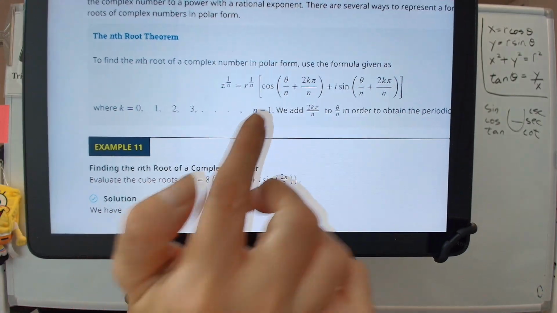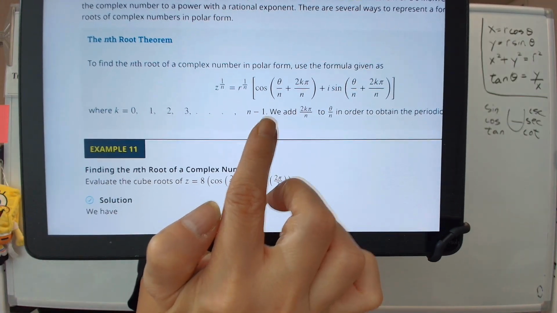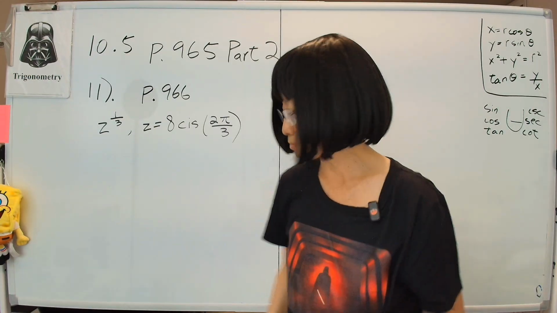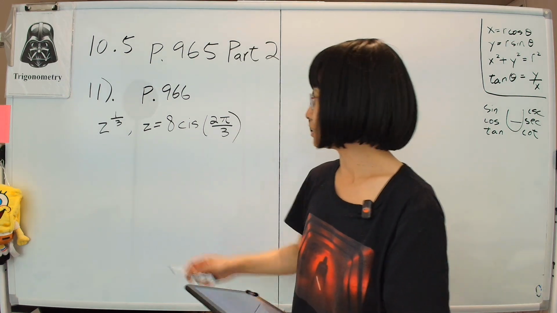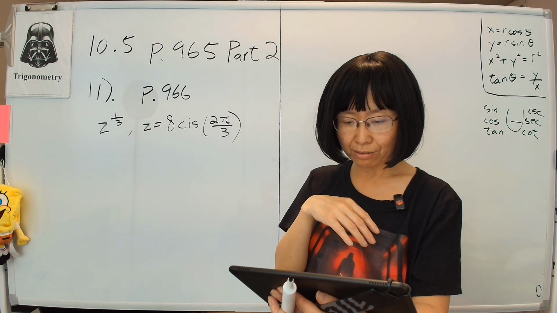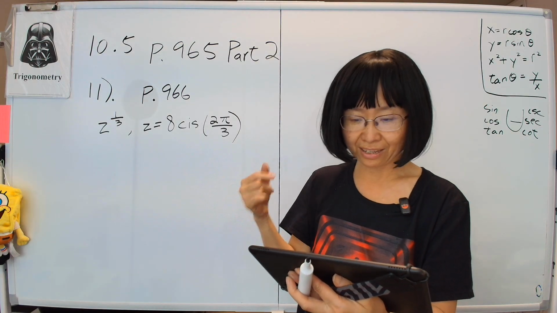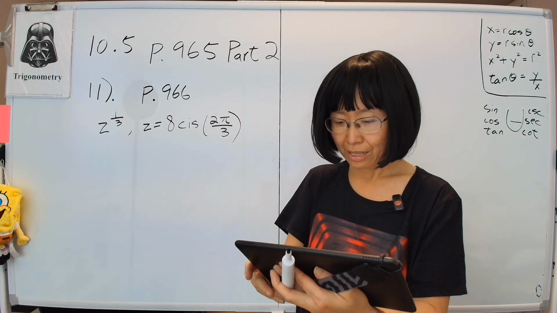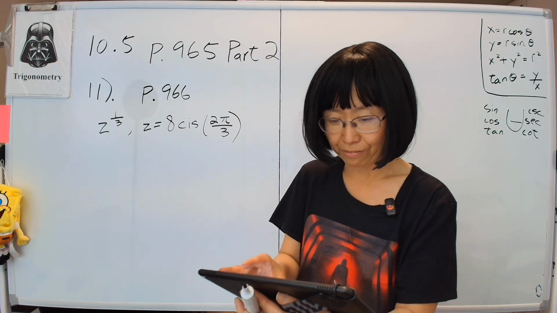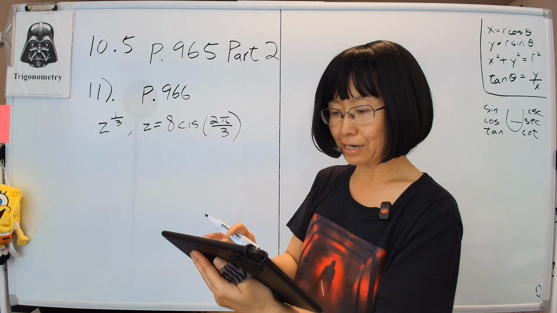So k will increase 1 at a time from 0 all the way up to n minus 1, and that's your n solutions. Now exactly what that means, we're going to do right now to show you. It might look harder because you have k and n and 1, 2, 3 and so on, but in practice, it's just a matter of writing out a bunch of stuff. So let me do example 11 to show you what I mean.